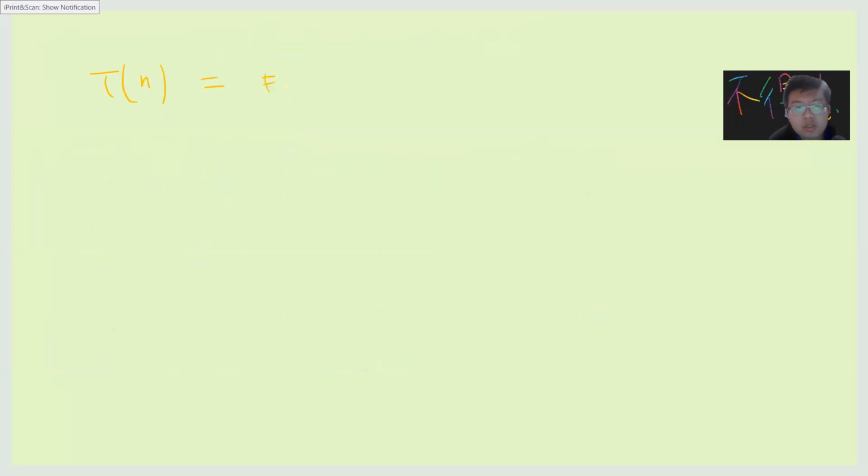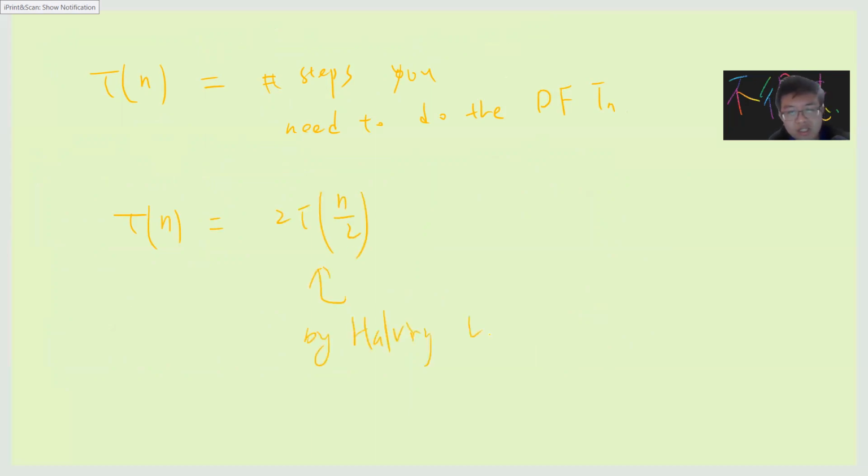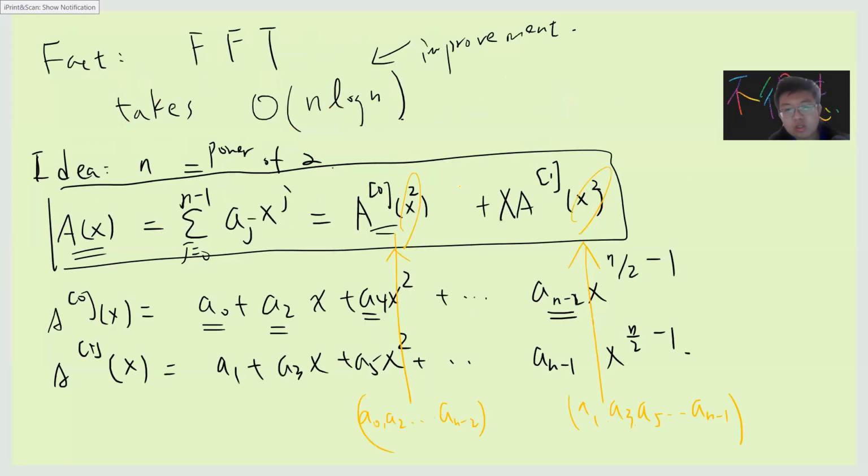multiplication steps that you need to do the DFT, then this tells you that T(n) is 2T(n/2) by the halving lemma, plus the steps to combine them, right?